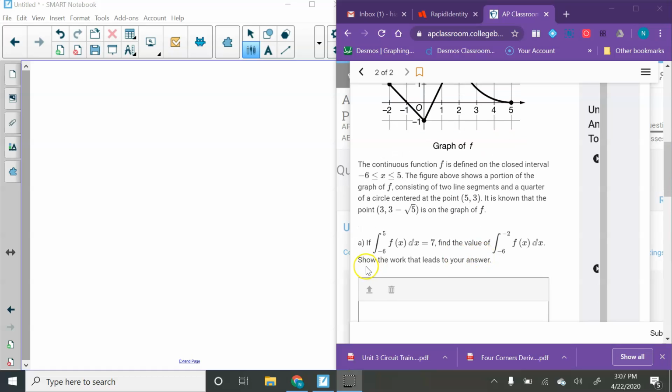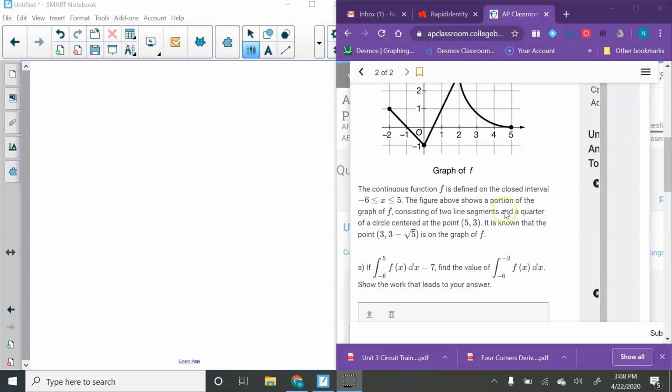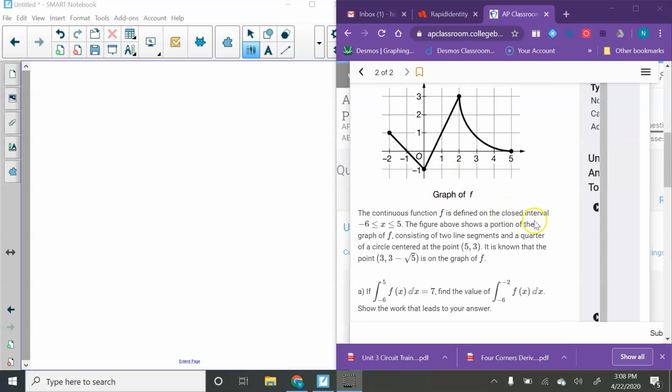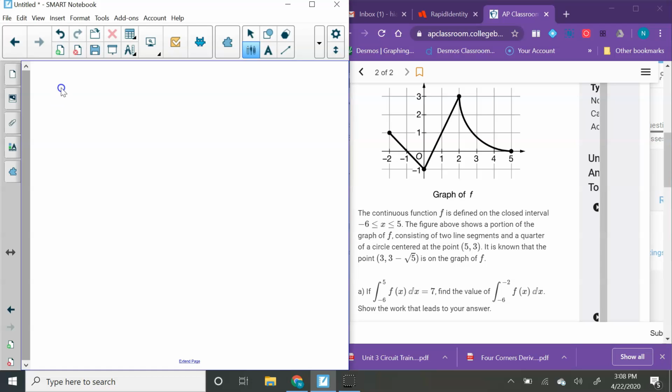So if the integral from -6 to 5 of f of x dx equals 7, find the value of the integral from -6 to -2 of f of x. So remember, this is our graph here. We do know that the integral from -6 to 5 of f of x dx equals 7.